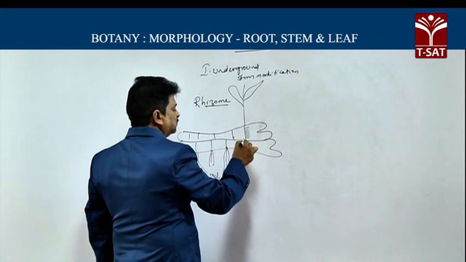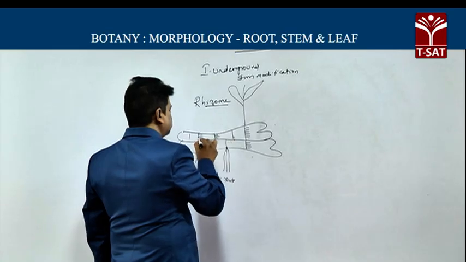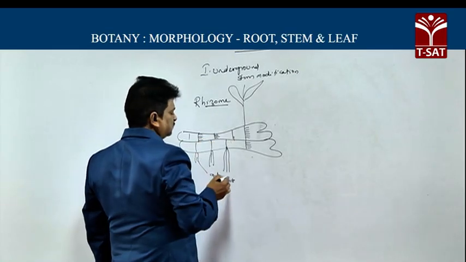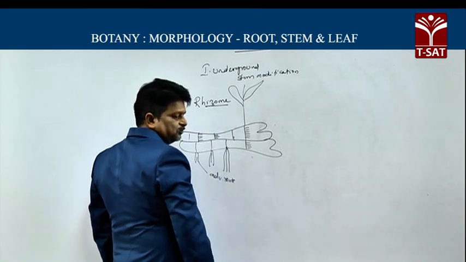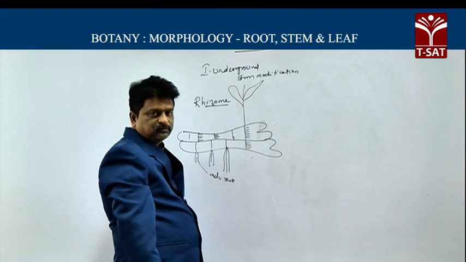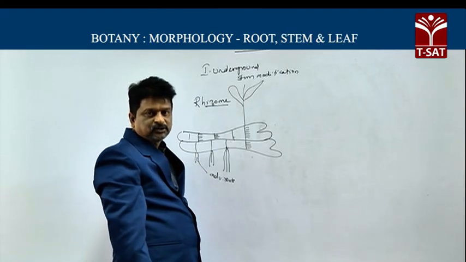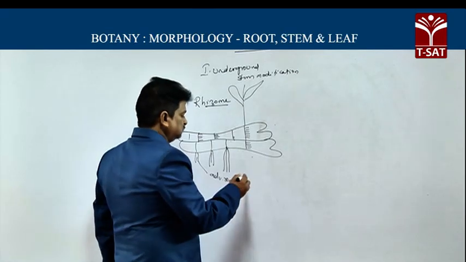At each node, scale leaves are present. And axillary buds give rise to branches. These branches perform two functions along with storage and also help in vegetative reproduction.